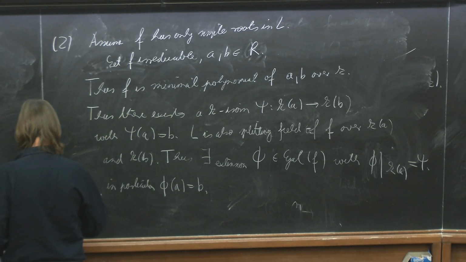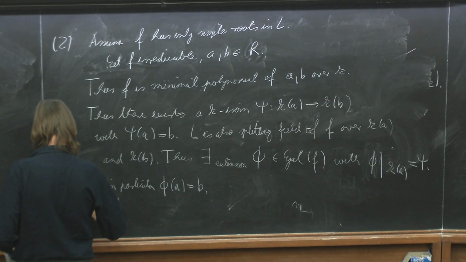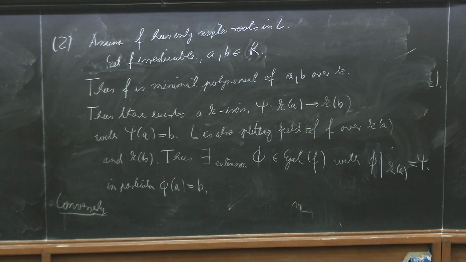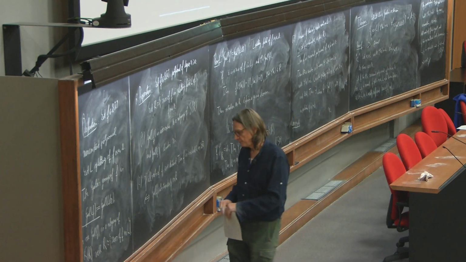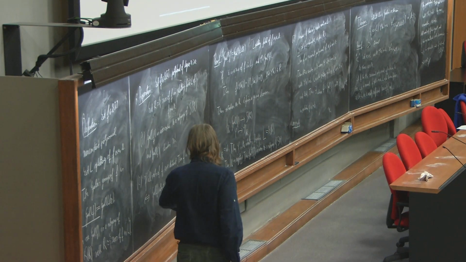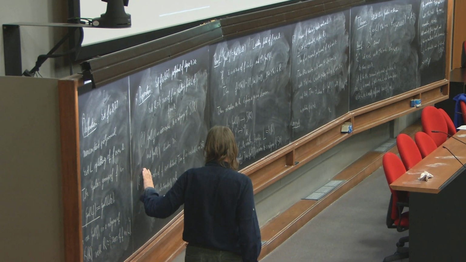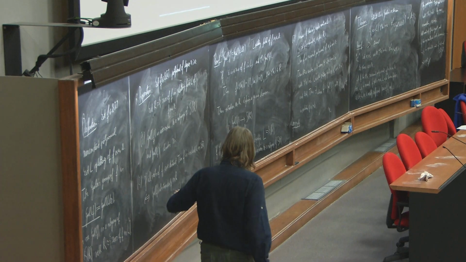And so now for the converse statement, we have to see that if the action of the Galois group of F is transitive on the roots, and we assume still that all the roots of F are distinct, then F is irreducible.